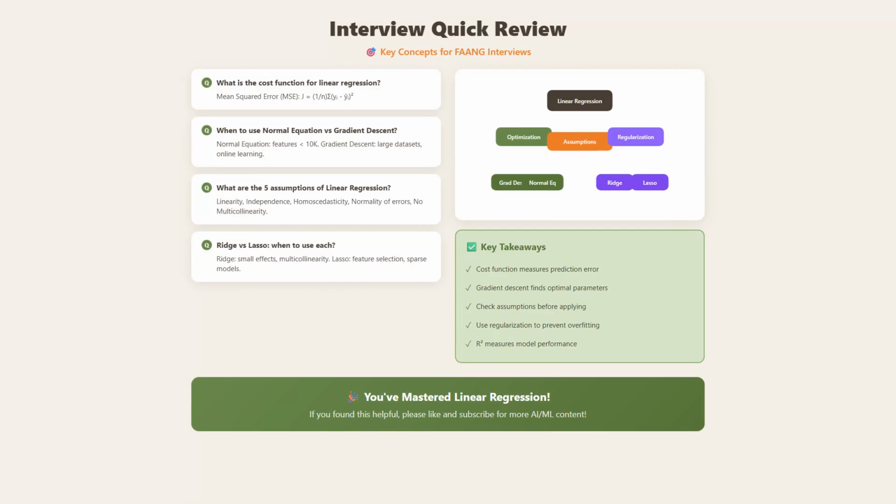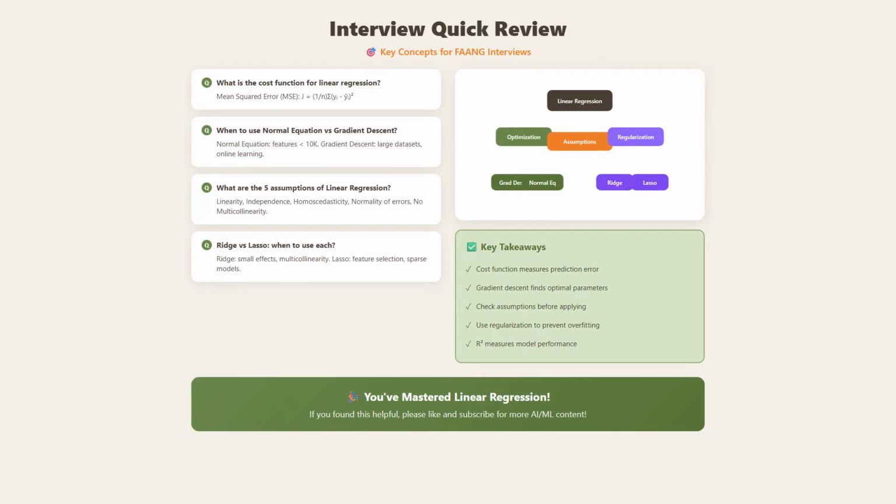ElasticNet combines both when you have correlated features. Use R² to measure how much variance your model explains, but always pair it with adjusted R² to account for added features. These concepts form the foundation not just for interviews, but for your entire machine learning journey.